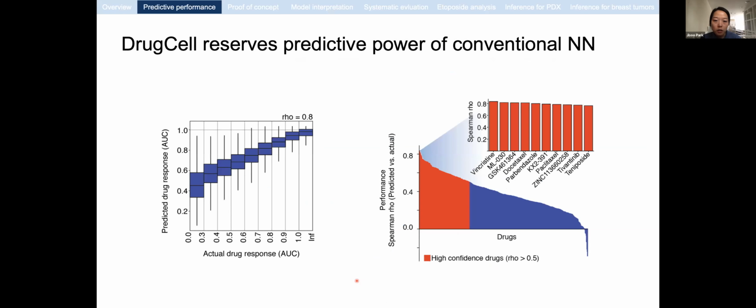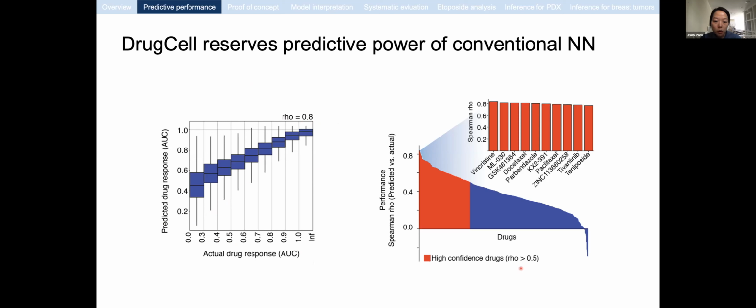Then we evaluated the predictive performance of the DrugCell model. The accuracy of our prediction was measured using the Spearman rho between the actual drug response AUC and the predicted AUC, and it was 0.8, as you can see in the first plot. You can also see that the distribution of the model's prediction has a good linear relationship with that of the actual drug response.